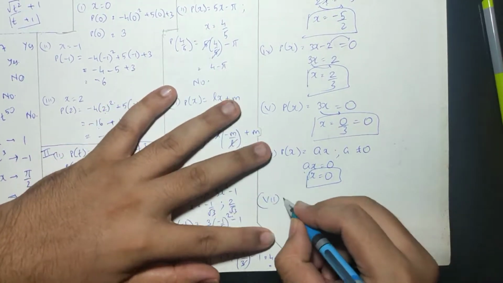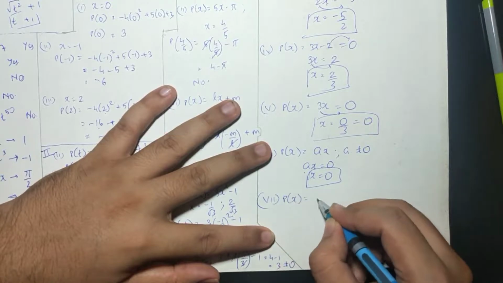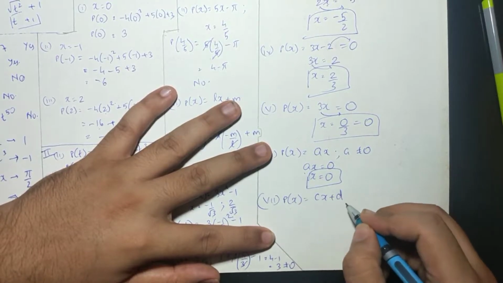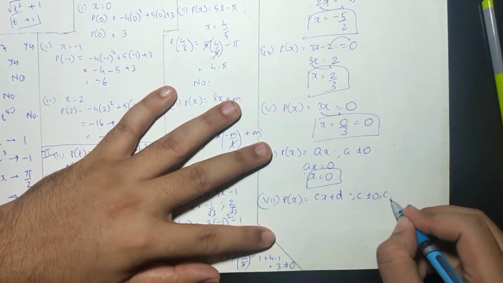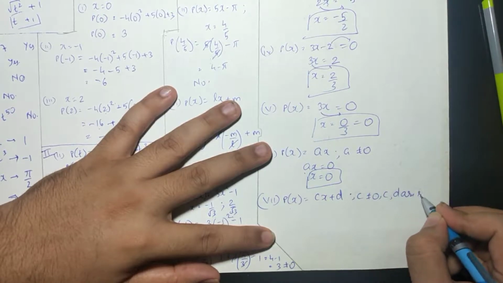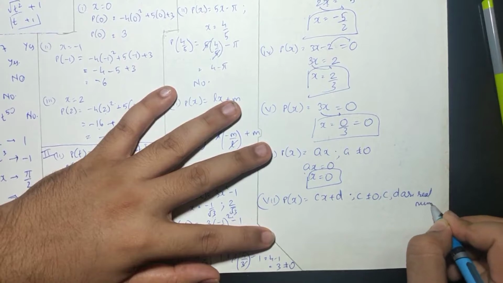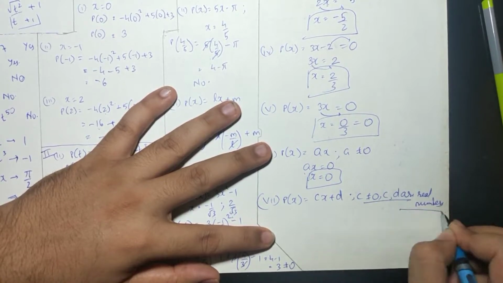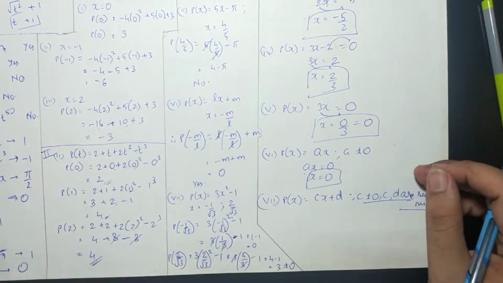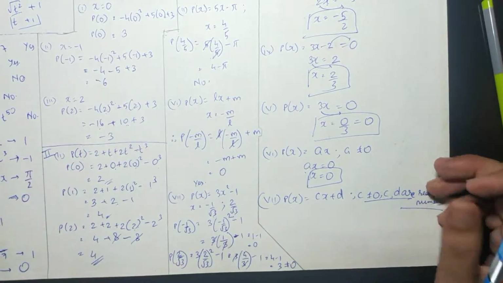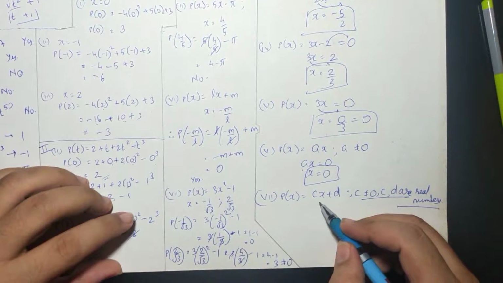Seventh sum. P of x is given as cx plus d, where c is not equal to 0, and c and d are real numbers. These conditions are important. No doubt, we know that it doesn't make any difference, but these conditions to be written are important. Cx plus d.